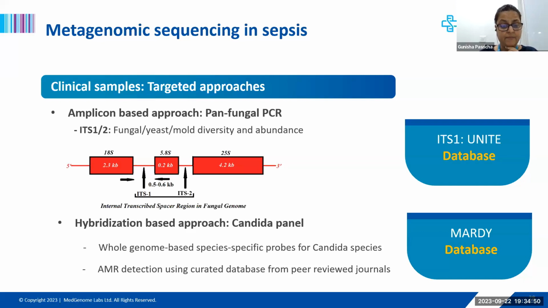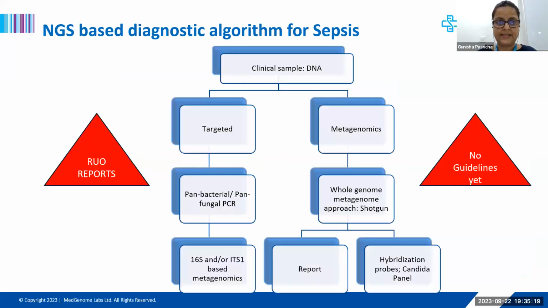Apart from identifying the Candida species in the plasma sample, we have curated a database, since there is no database available as such apart from the MARDI database, which again needs to be updated for antimicrobial resistance. We have curated from various peer-reviewed journals and created a database for finding out what kind of antimicrobial resistance is present.